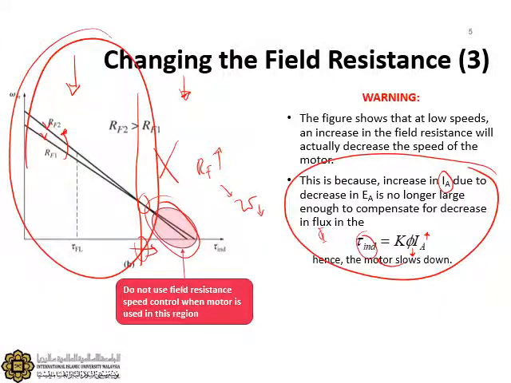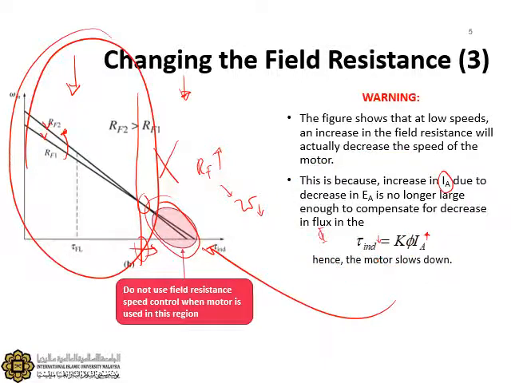But when it's running in this region, the reduction in the flux becomes more dominant, and therefore now the induced torque is lower, and that's why the motor actually slows down instead of speeds up.